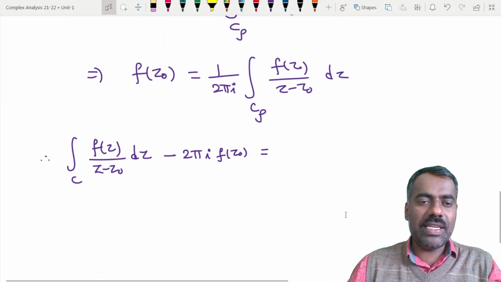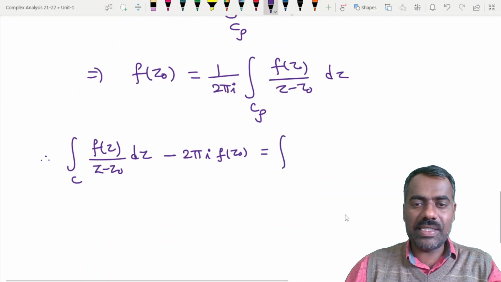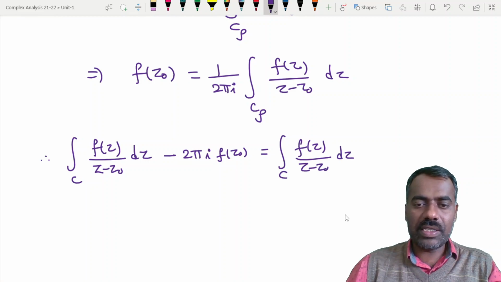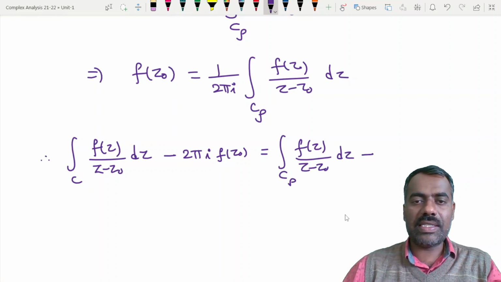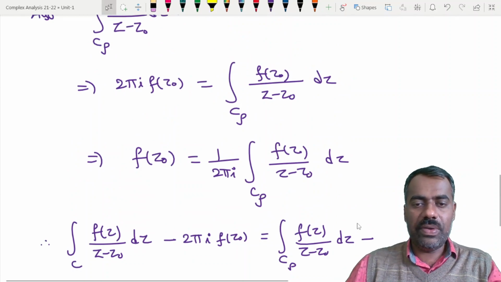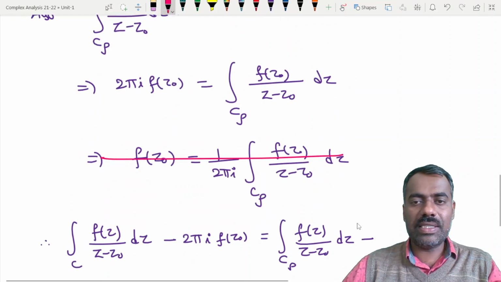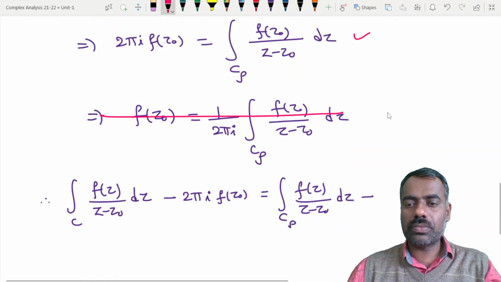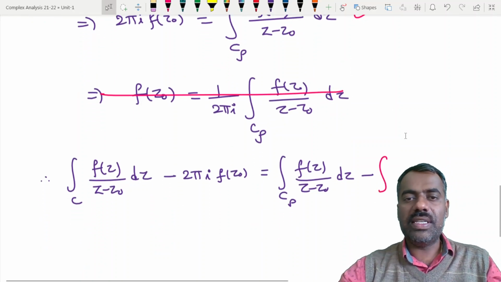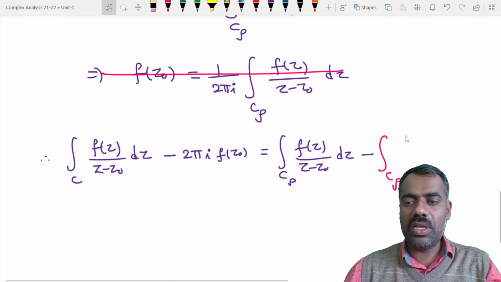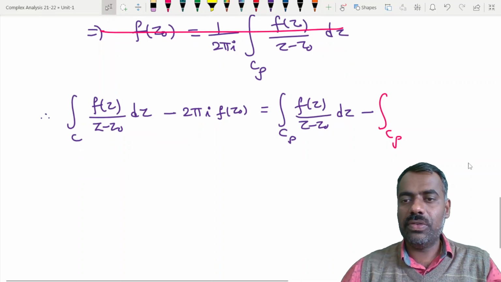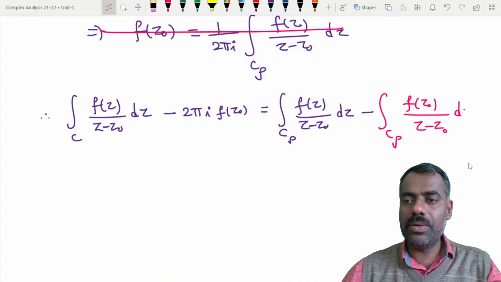This is the same as the integration over c rho of f of z upon z minus z naught dz minus the integration over c rho of f of z naught upon z minus z naught dz.